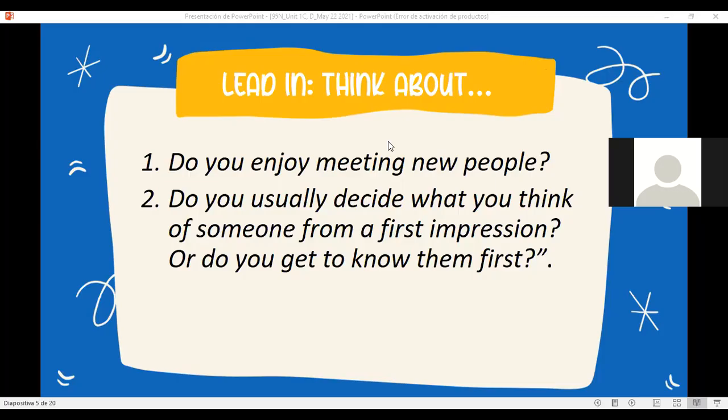Can you remember what you have to do in this moment with those questions? Responder a las dos preguntas. You have to ask and answer these questions with your classmates.